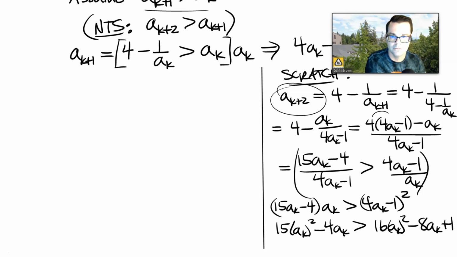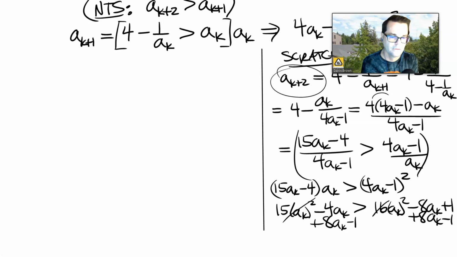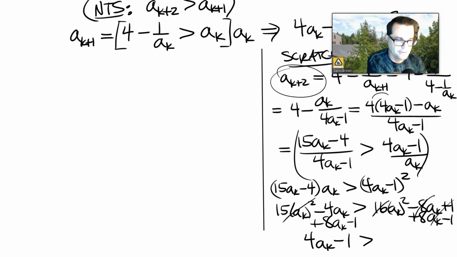And if we collect all the terms together to see what we got, if we subtract the 15 here, that's just going to make 1a sub k squared. And if we add 8a sub k and subtract 1, oh boy, so we end up with 4a sub k minus 1 bigger than a sub k all squared.